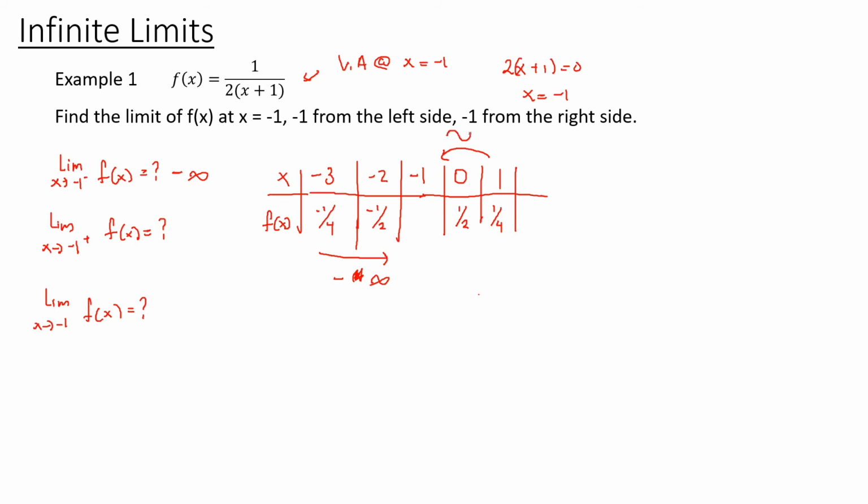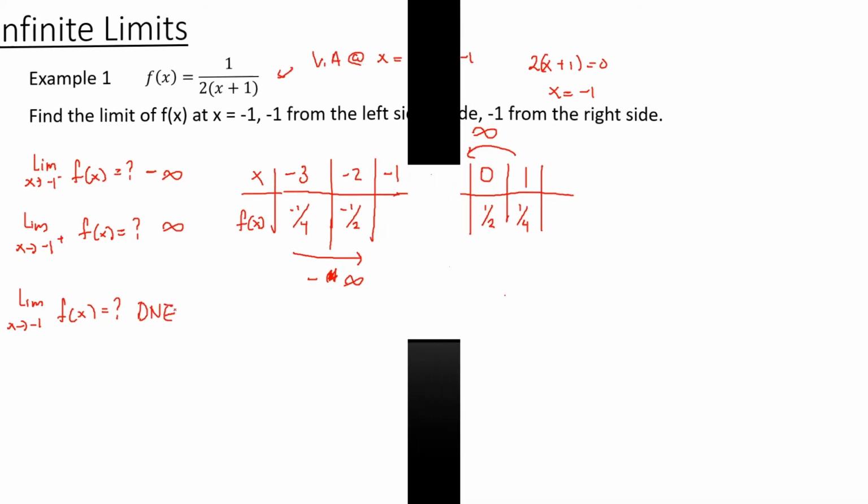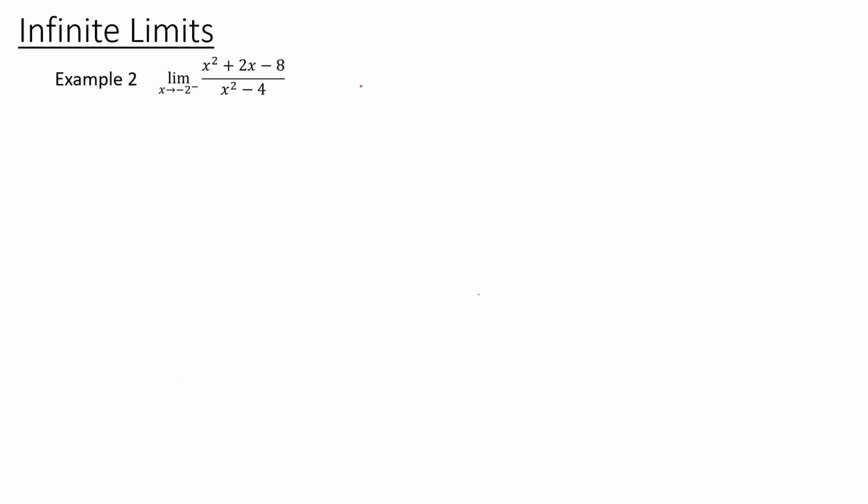Hence, the answer will come out to be positive infinity. So from the left side it is approaching negative infinity, from the right side it is approaching positive infinity. So when x is approaching negative 1, the limit does not exist because it doesn't match from the left side or the right side.